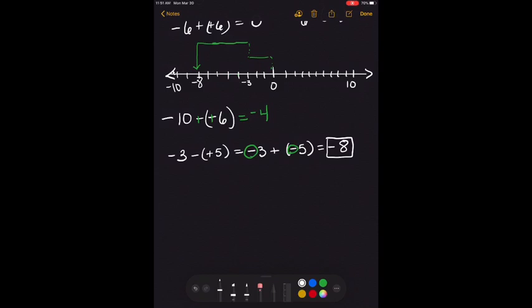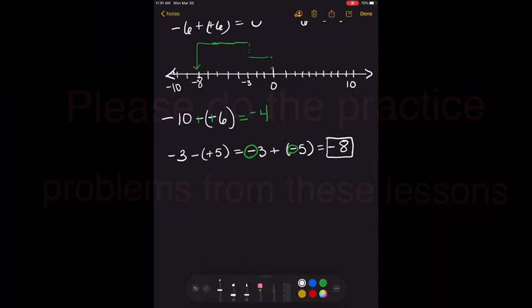Negative 8. Okay, that's how you can use your number line. Always be ready and willing to use your number line whenever you're doing these kinds of problems. Please finish up these practice problems on your own, and we will definitely go over them together.